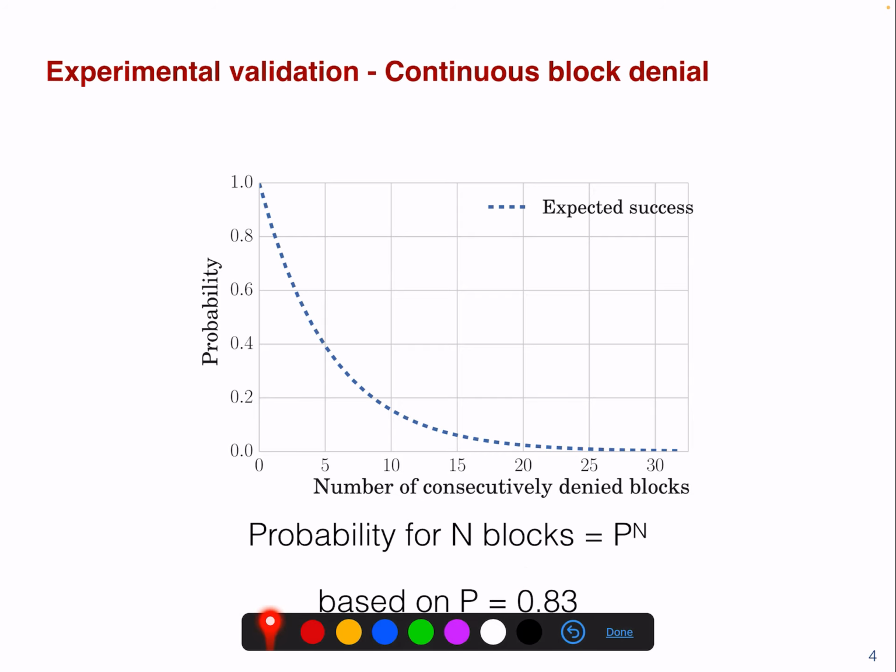If we plot the number of consecutive blocks that we can deny to a victim, you can see that with about 40% probability, we should be able to eclipse the victim for 5 consecutive blocks, which is on average 50 minutes. Experimentally, we measured this and tried this, and this is what we find. So it's more or less as expected. It's quite close to reality.